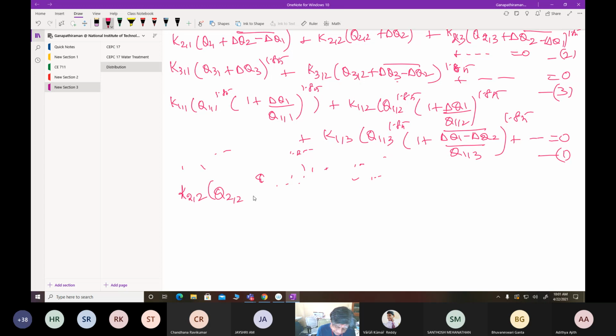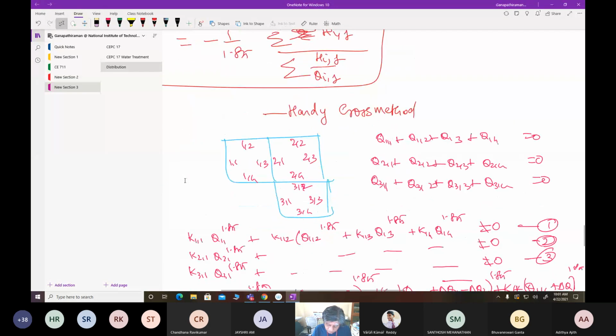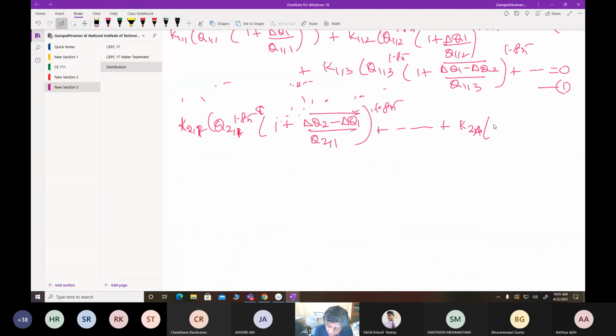K22 Q22 power 1.85 into 1 plus, sorry, K21 Q21 to power 1.85 into 1 plus delta Q2 minus delta Q1 by Q21 to power 1.85, plus K23 and K24 Q24 to power 1.85 into 1 plus delta Q2 minus delta Q3 divided by Q24, the whole thing to power 1.85, plus everything is equal to 0. This is equation number 2.